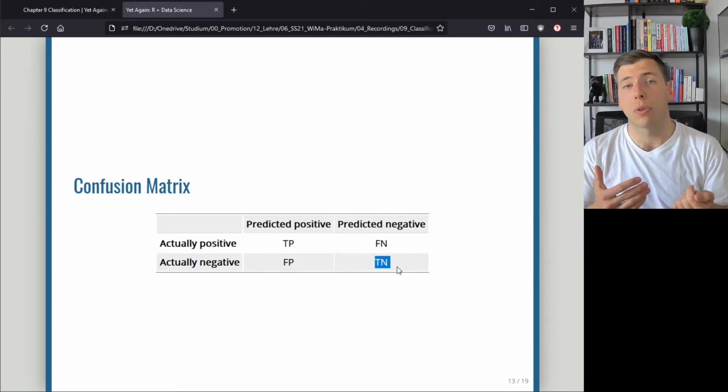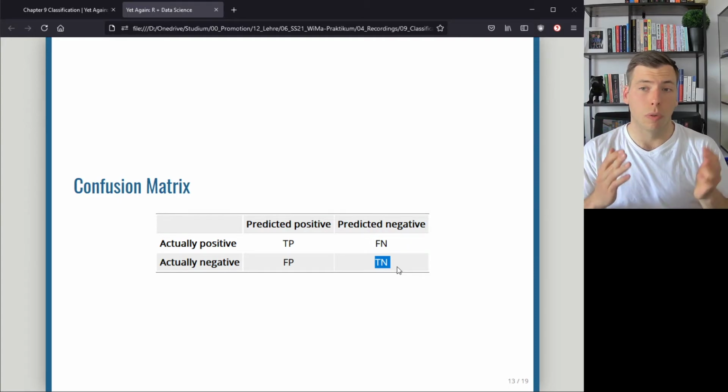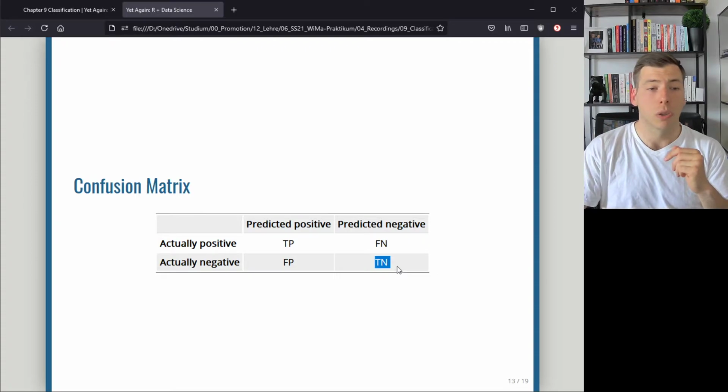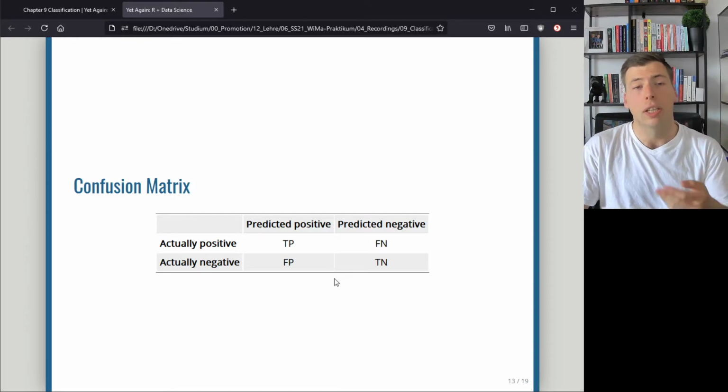All of this is of course dependent on the threshold that you use to go from the probabilities to the classification. So all of these numbers which you get from your classification using your threshold will of course change if you change your threshold.